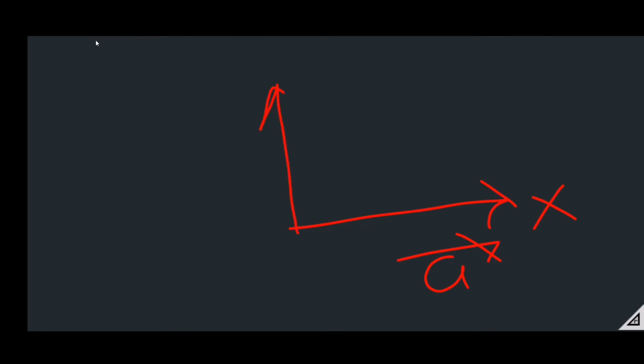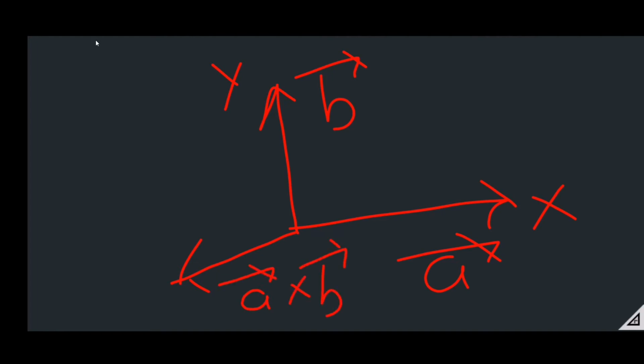That means if A vector direction is towards the x-axis, and B vector is towards the y-axis, then the direction of A vector into B vector is exactly towards the z-axis, because you know z-axis is perpendicular to both x-axis and y-axis.